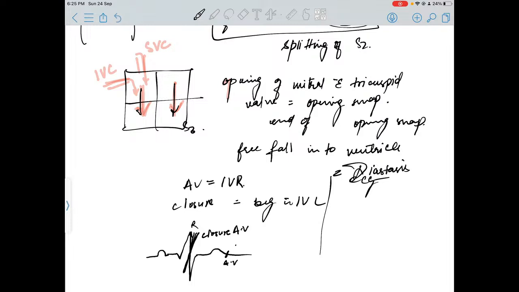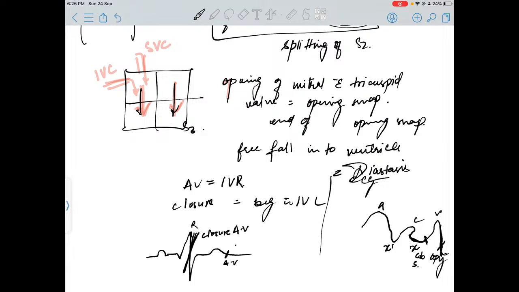And there's another diagram. This is A, X, C, X, V and Y. V, X, C, X dash and A. Now at the end of X, opening of this is happening, and at the end of the Y descent here, the opening is happening, and at the end of X dash, closure of the AV, right?